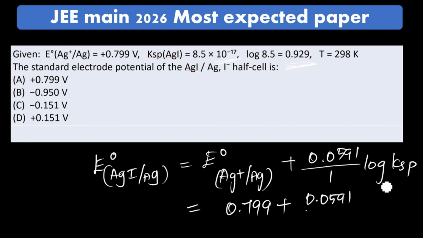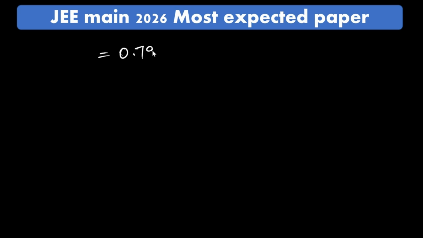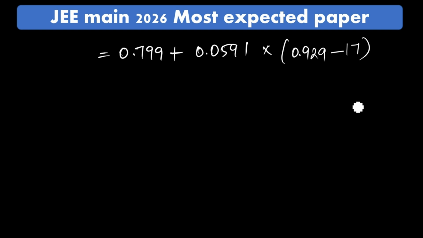So I'm substituting the value: 0.799 plus 0.0591 into log of that, that is 0.929 minus 17, because I have log 8.5 into 10 to the power minus 17.